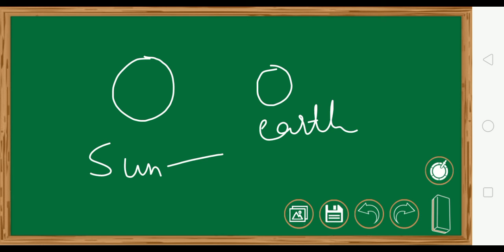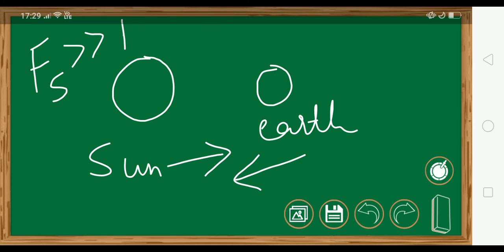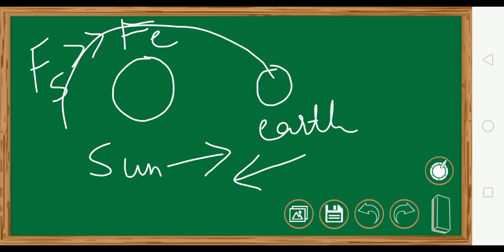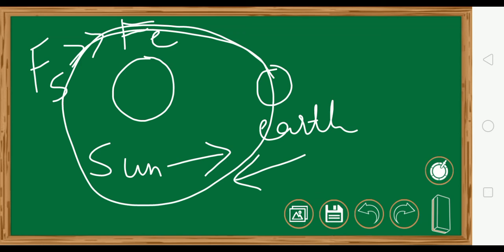Both are attracting each other, but the force of the Sun is very much greater than the force exerted by the Earth. Because of that, the Earth goes round and round the Sun. In the case of the Moon and Earth, the force of the Earth is more than the Moon's, so the Moon goes around the Earth. The one who is weaker will go round and round.